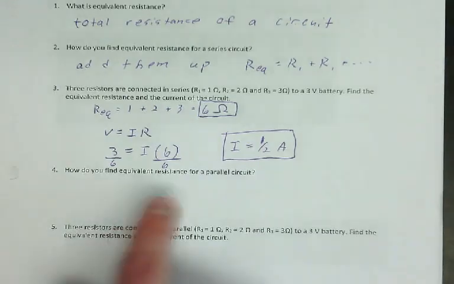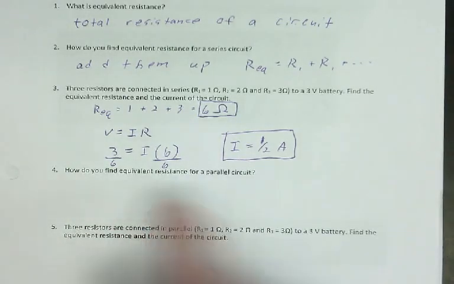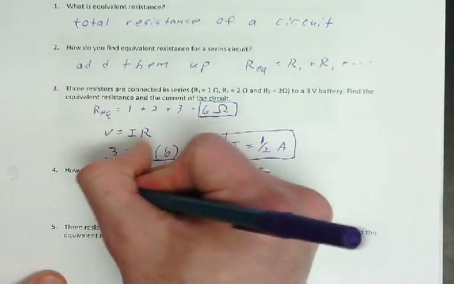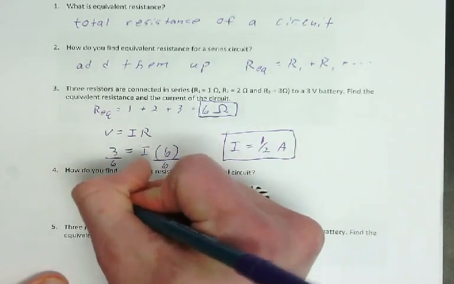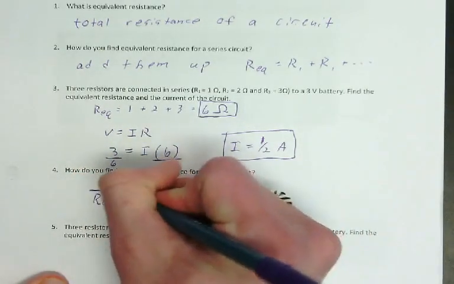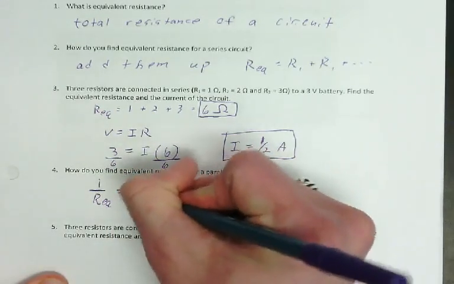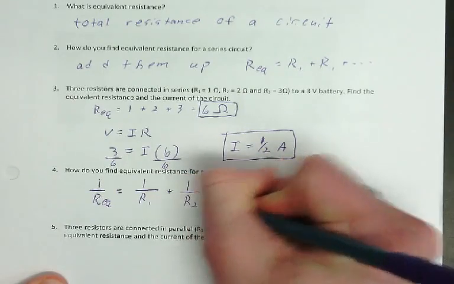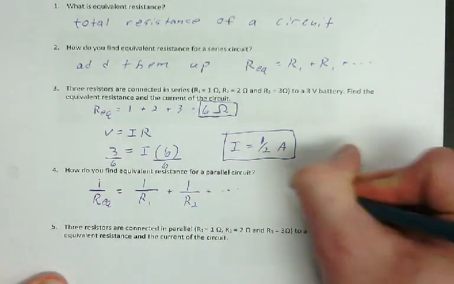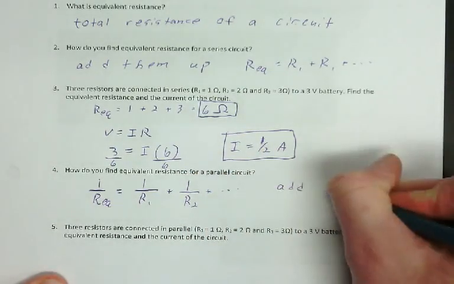So how can I add things and they get smaller? You do 1 over everything. You add the inverses: 1 over REQ equals 1 over R1 plus 1 over R2 plus whatever else there is.